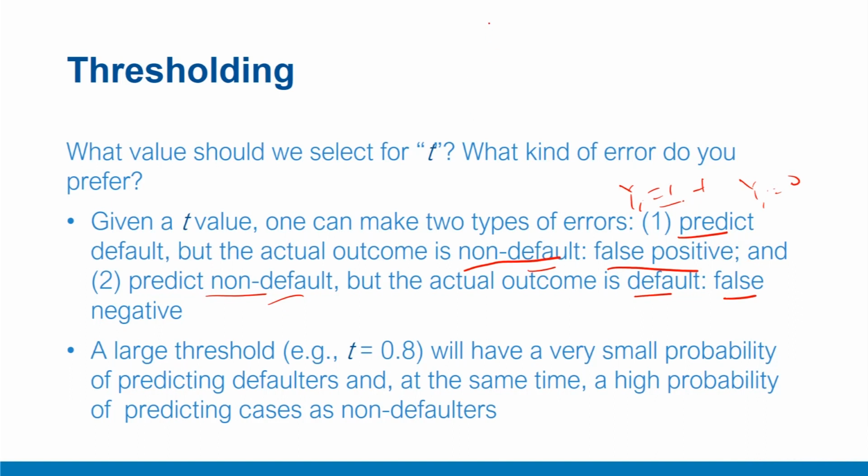Let's try to visualize this. So for example, consider this is your tau value, and these x's are all your non-defaulters, and let's consider on the higher side these zeros are defaulters.